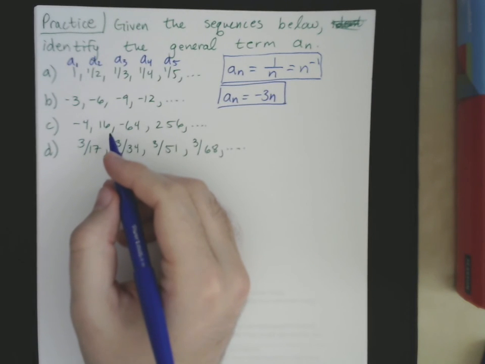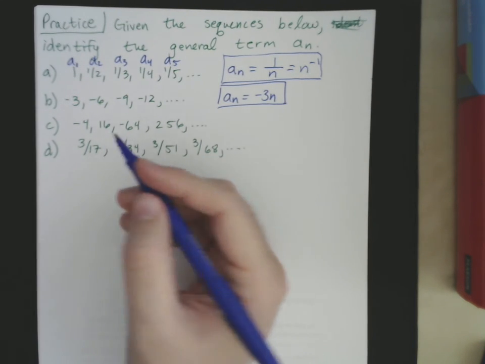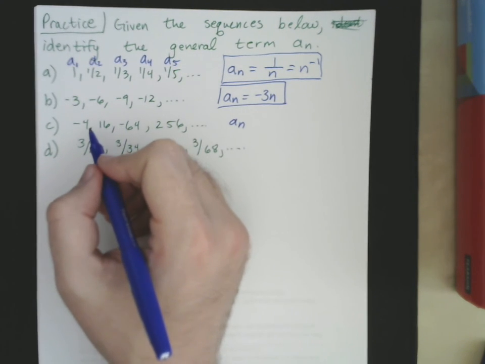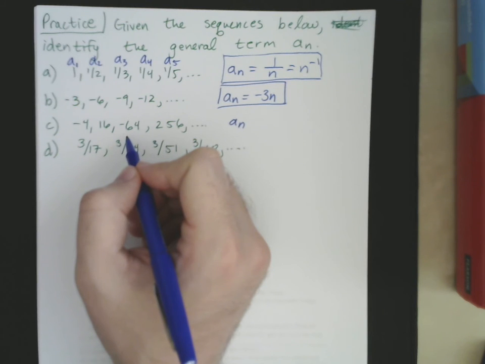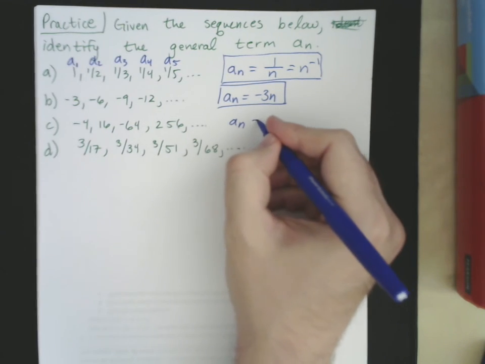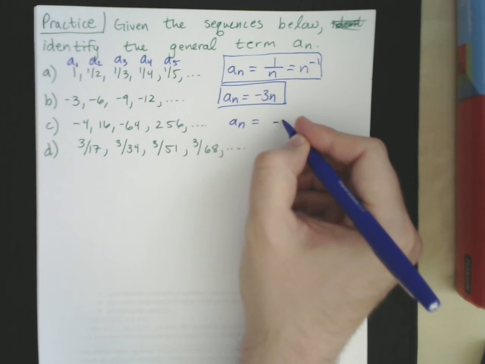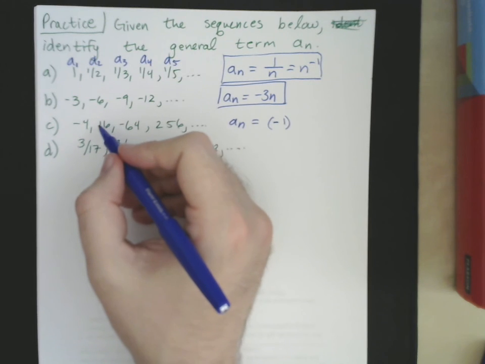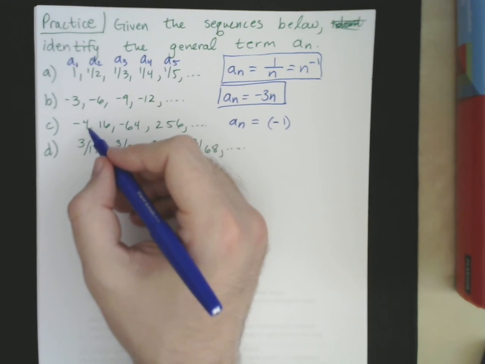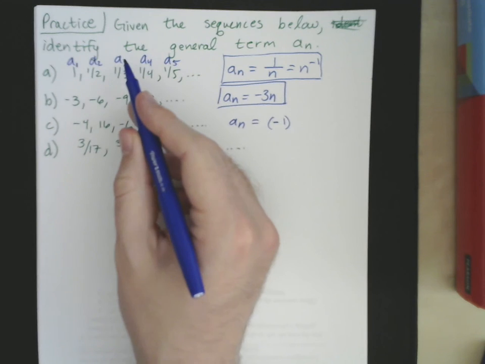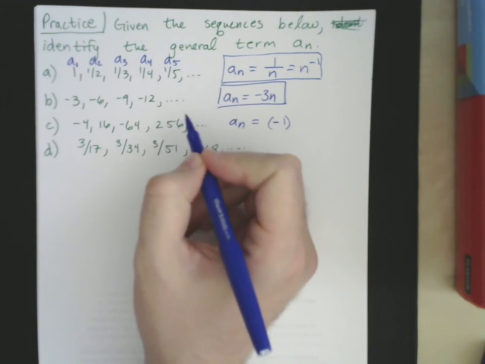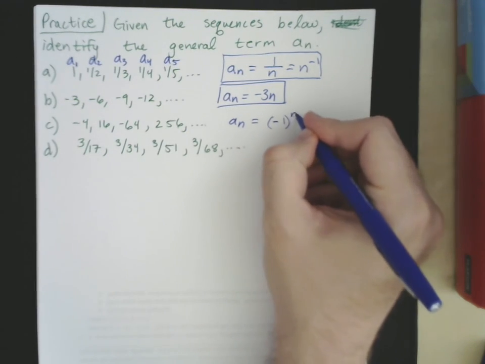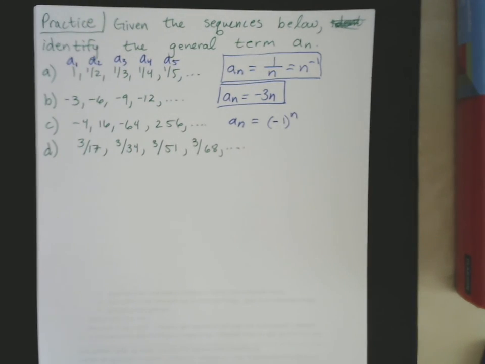One thing, if you were paying attention to the last example we did, if we want this to switch between positive and negative, like this, we know that we're going to be raising some sort of -1 to a power. Now that power, when we raise -1 to an odd, it will stay negative. So 1, 3, and 5 should be negative, and it would be. 2 and 4 should be positive, which they are. So we know that this is just to the n. We'll take care of this.